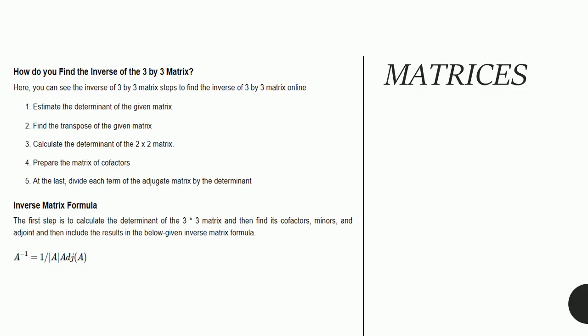But because we have chosen to skip this number 2 in the initial stage, when we come down here, we're going to find the transpose of the matrix of cofactors, and then finally we're going to divide through by the determinant of the main matrix. So basically the transpose of the matrix of cofactors will give us the adjoint. So we can say A inverse is 1 over the determinant of A times the adjoint of A.